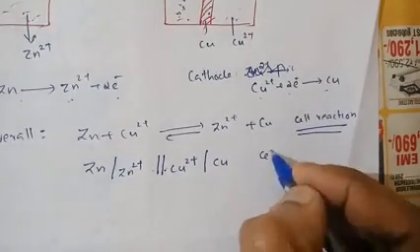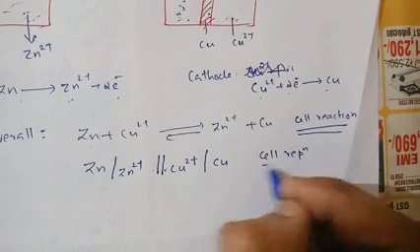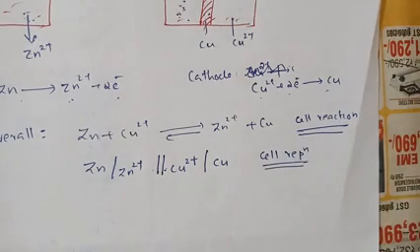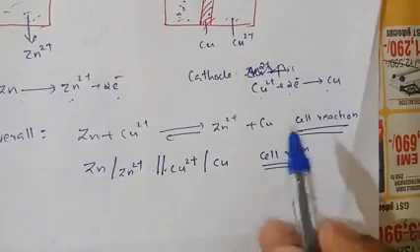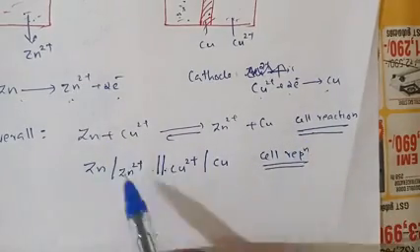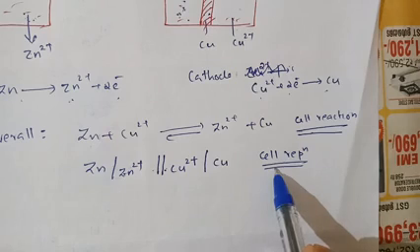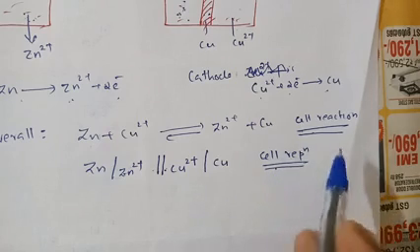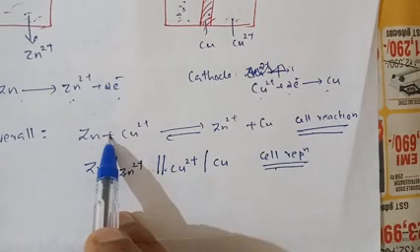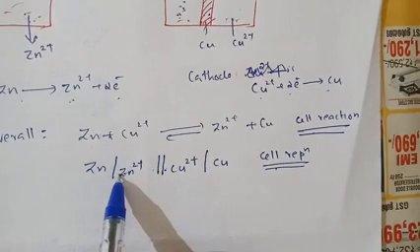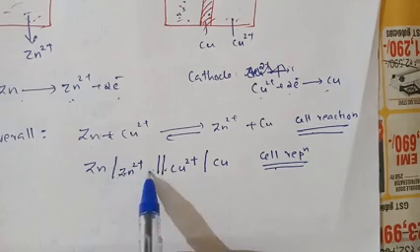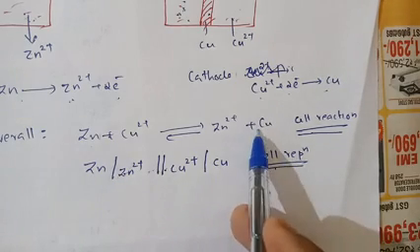This is the cell representation. I am simply writing REPN, representation. This is the cell reaction, this is the cell representation. From the cell reaction, you should be able to find the cell representation and vice versa. From the cell representation, you have to find the cell reaction.